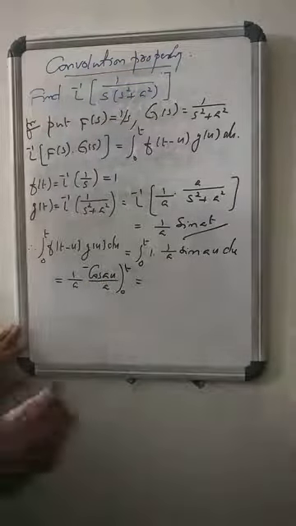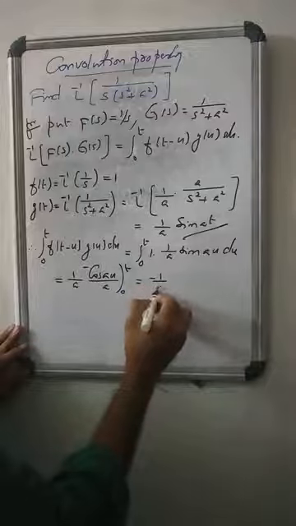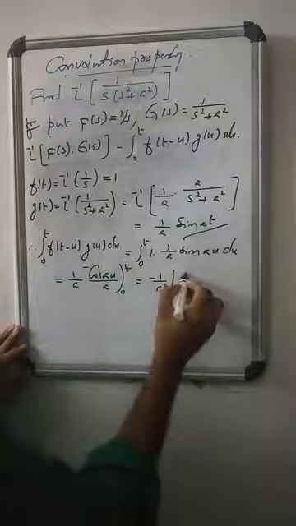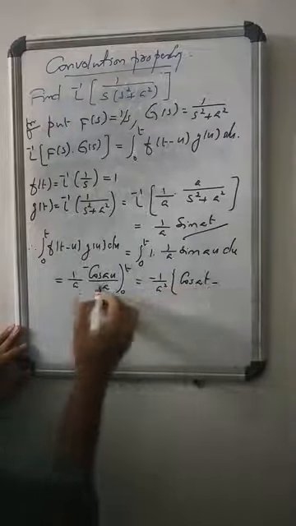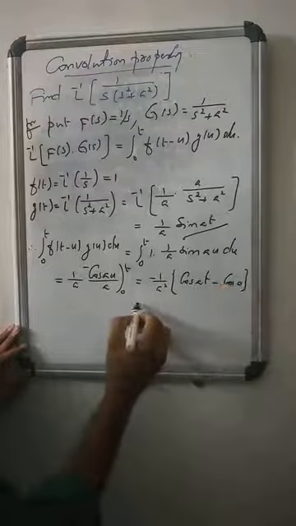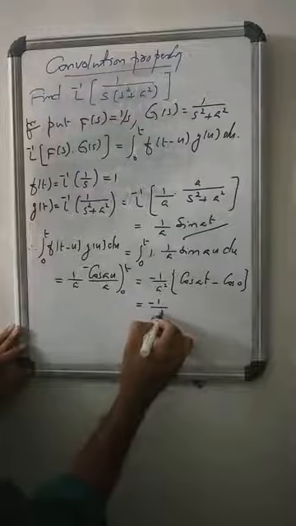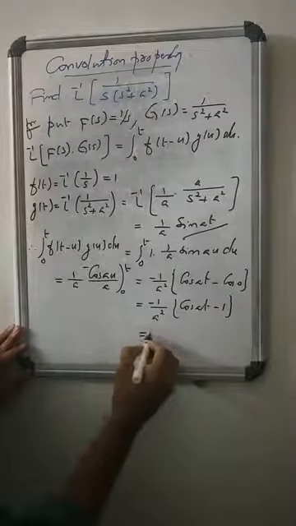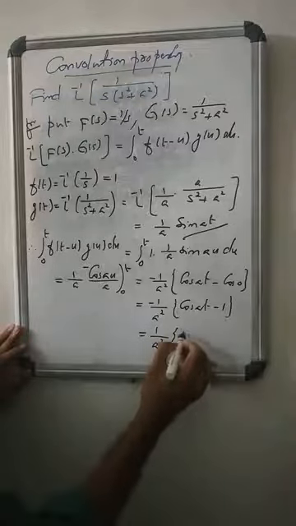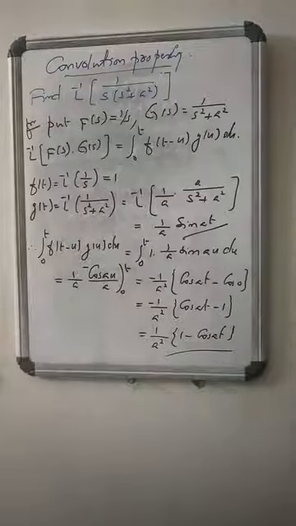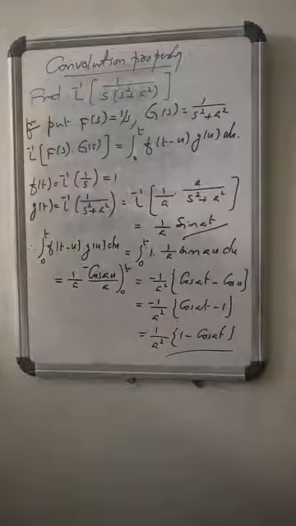So that is minus 1 by a square into cos at, minus the lower limit, cos 0, equals minus 1 by a square into (cos at minus 1), since cos 0 is 1, equals 1 by a square into (1 minus cos at). Agreed?